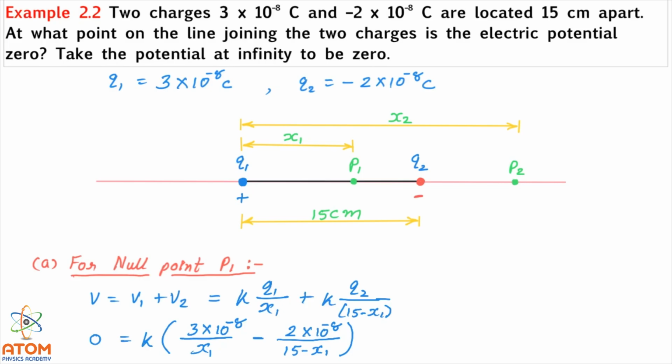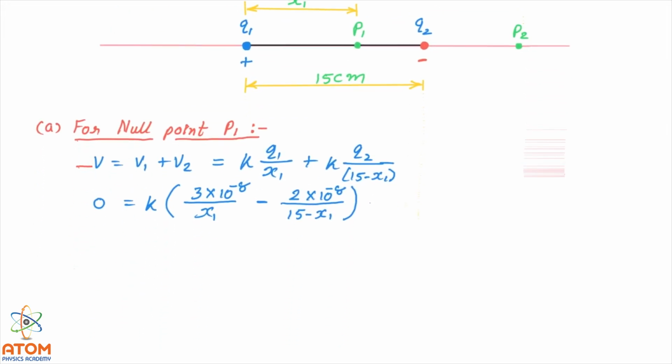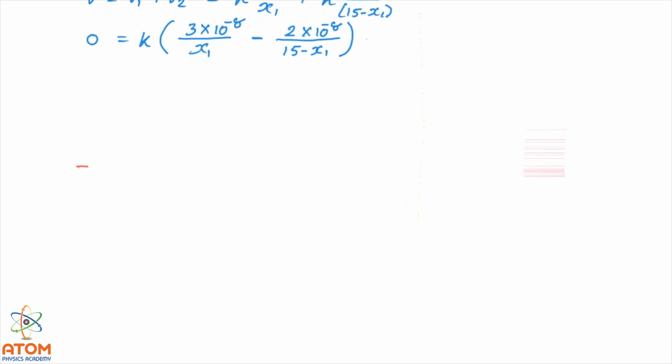So in this case, now we can write it further. You can see here this k is common, as well as 10 raised to minus 8 will also be common. So the remaining term will be: 0 is equal to 3 upon x1 minus 2 upon 15 minus x1.